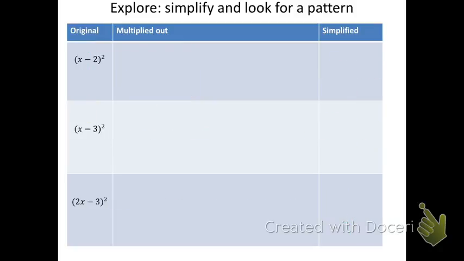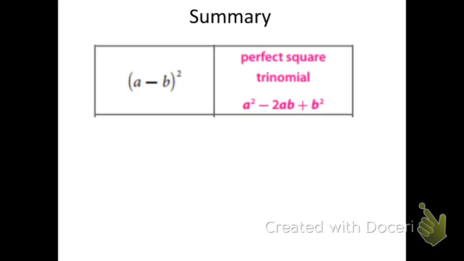So if I see ones that take this pattern, I'll just make up an example again. Let's go (x - 2z) squared. My a value in this pattern would be x. My b value in this pattern would be 2z.